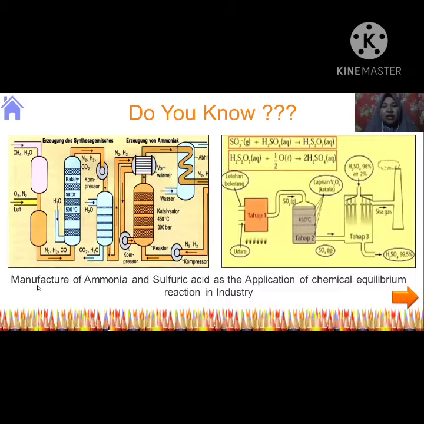So, manufacture of ammonia and sulfuric acid are applications of chemical equilibrium reaction in industry, specifically in shift equilibrium. So the manufacture of sulfuric acid has an equilibrium reaction and so does the manufacture of ammonia.